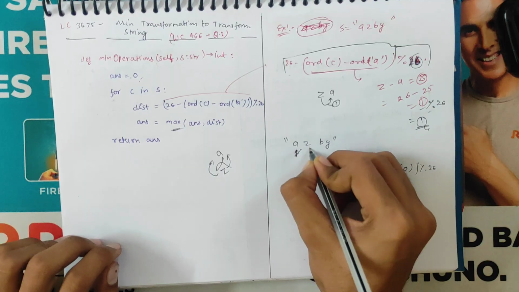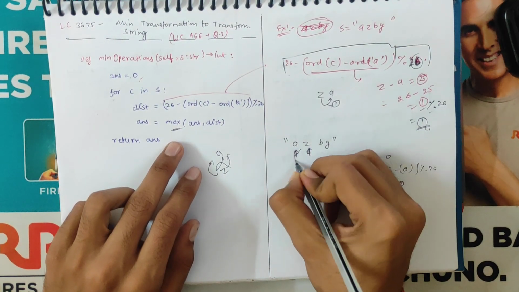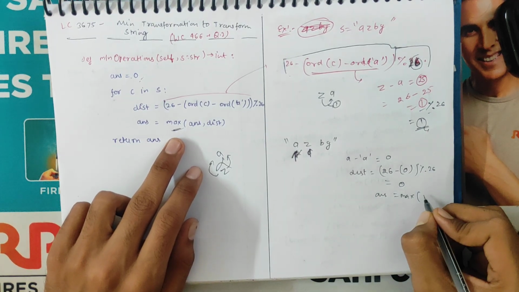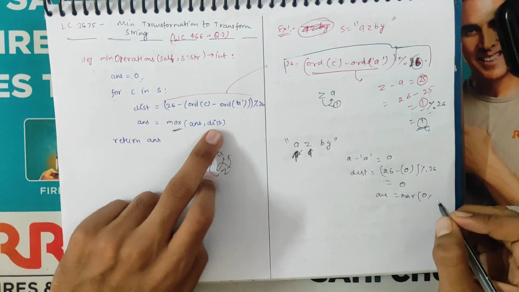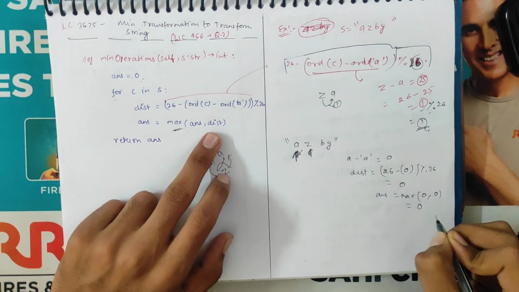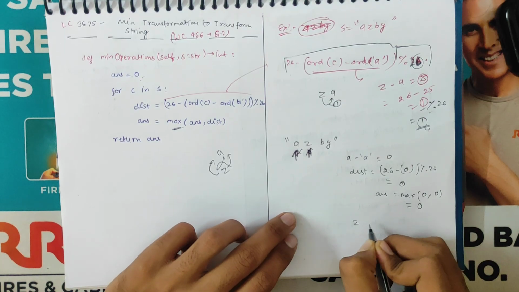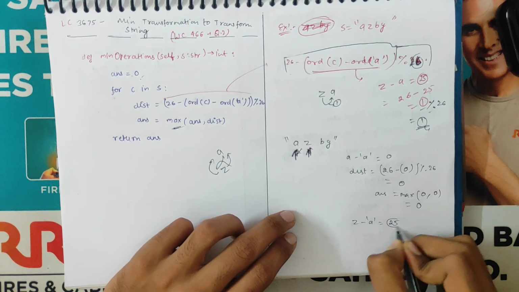So let's move to z. For this case, the maximum value of answer is 0 and distance is 0, so it is 0. Again we move to z. z minus a is 25.